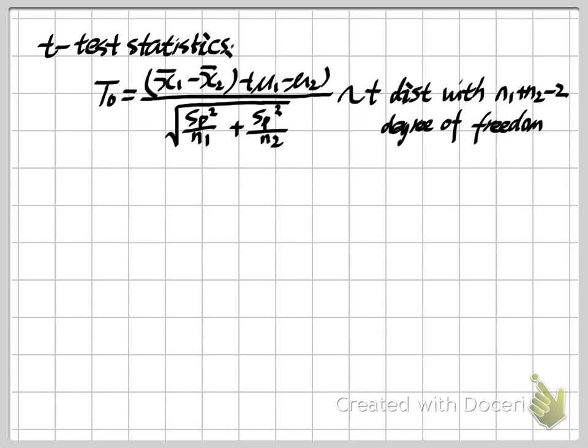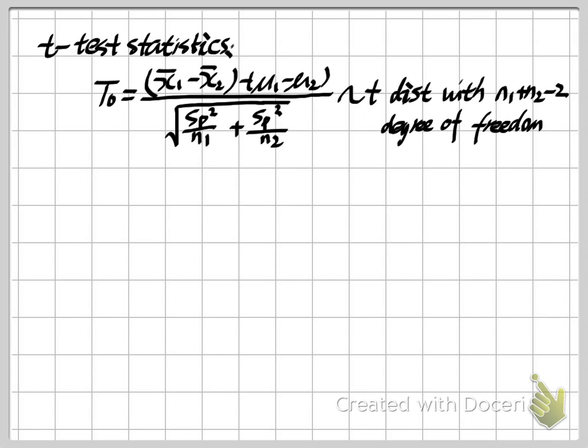This is a T-distribution with degrees of freedom n1 plus n2 minus 2. Of course, this test statistic is still the difference of the sample means minus the difference of our population means, divided by the standard deviation. But here we use our point estimator S square P to replace our sigma square, right? So this is what we have.